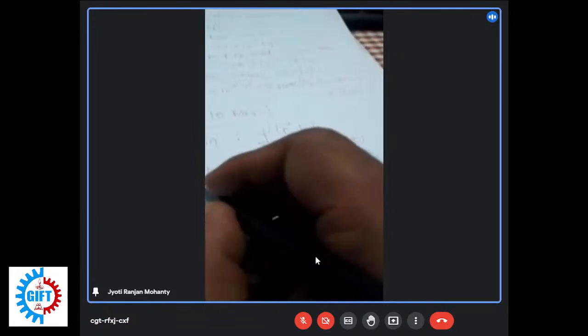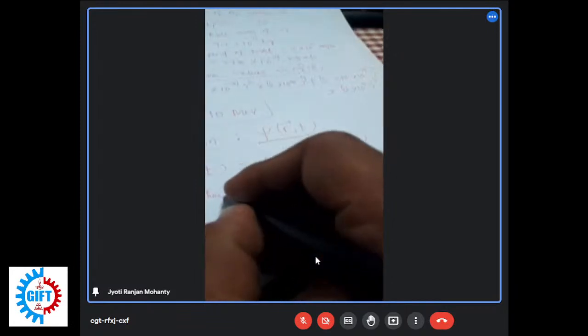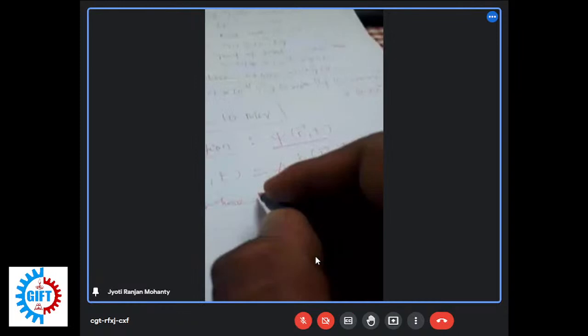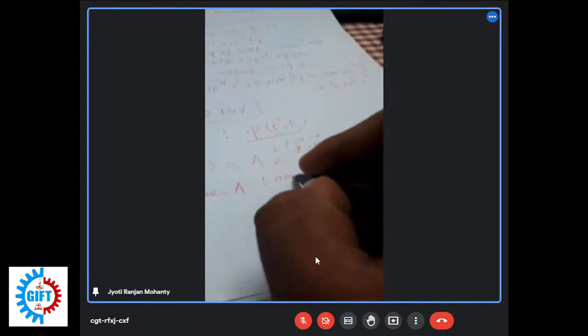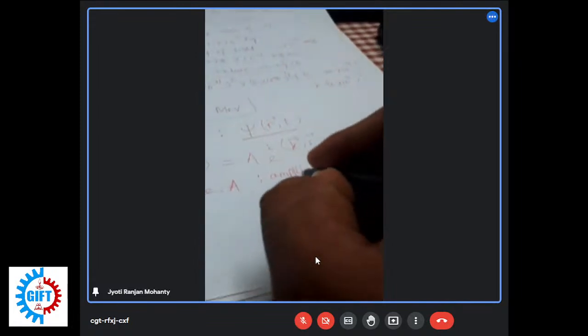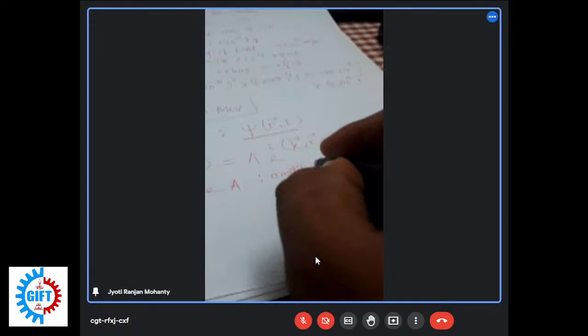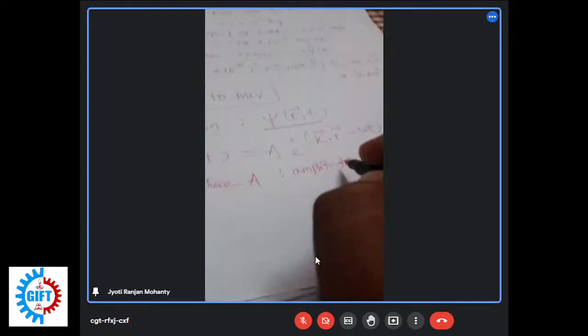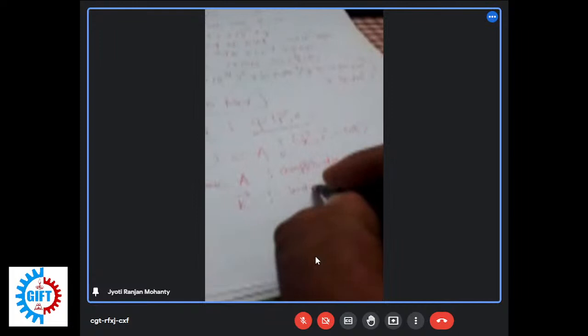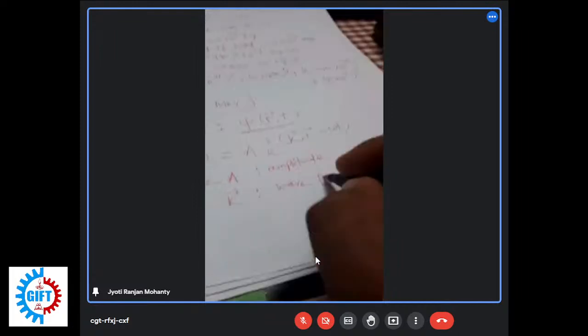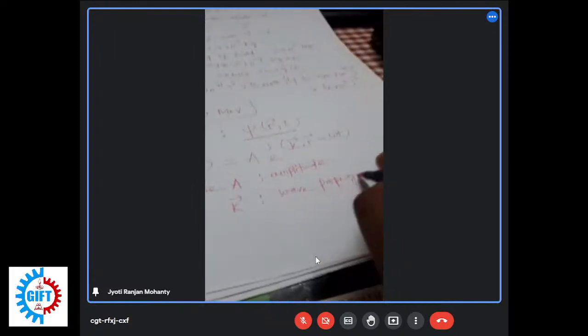Here A is known as amplitude. The k vector is known as the wave propagation vector.